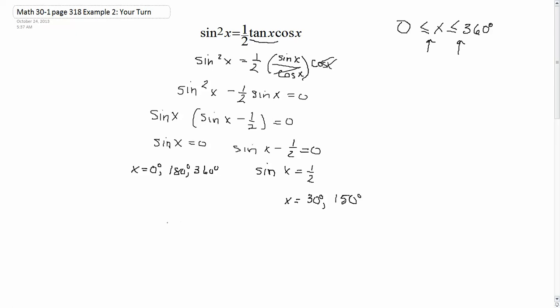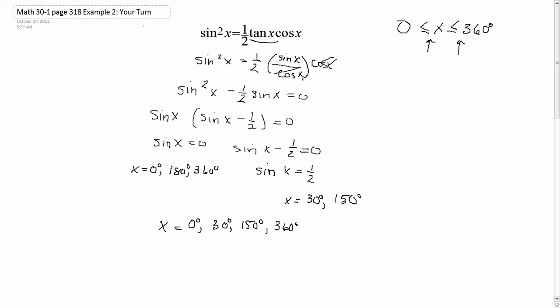Again, we record these in numerical order: 0, 30, 150, 180, and 360 degrees. So x has all of those as possible solutions.